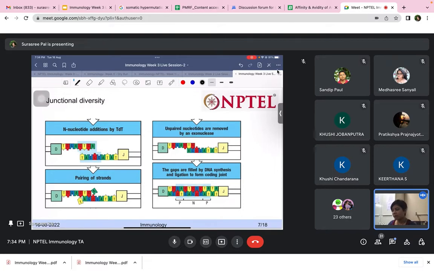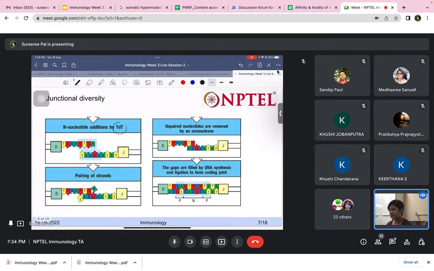Then further, some random nucleotides are next added. This is performed by the enzyme TDT, which is called the terminal deoxynucleotide transferase. This is the enzyme called TDT. What does it do?